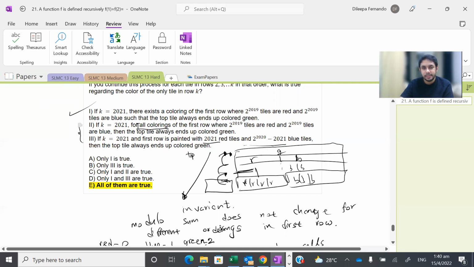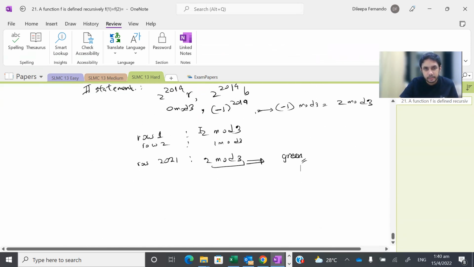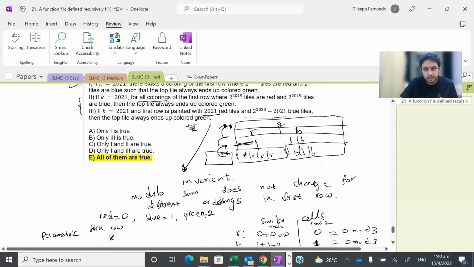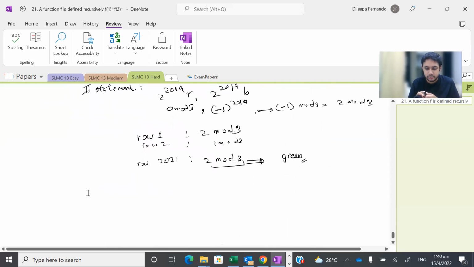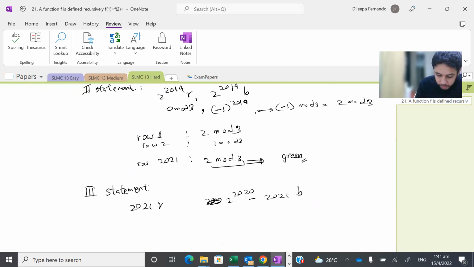Now let's see the third statement. 2021 red. Now let's see what's the modulo value.